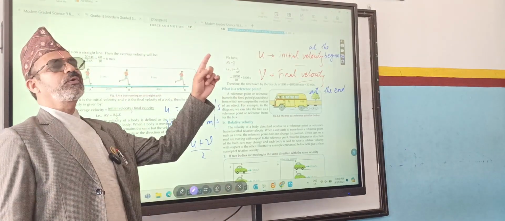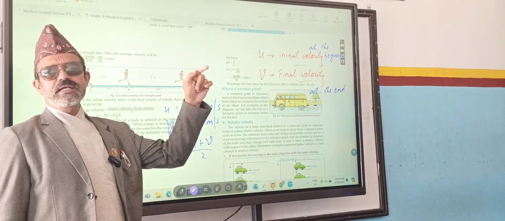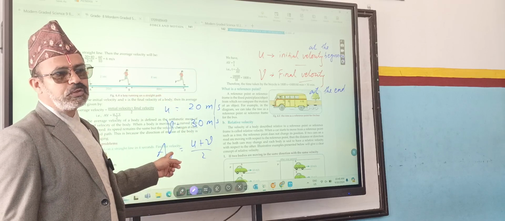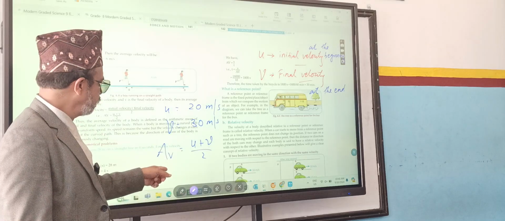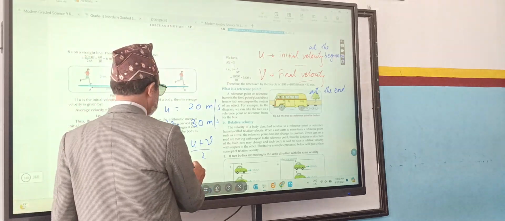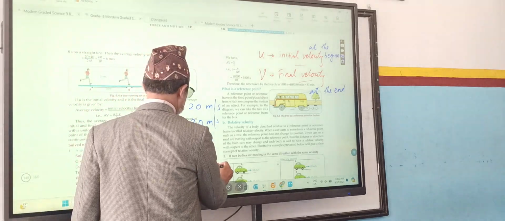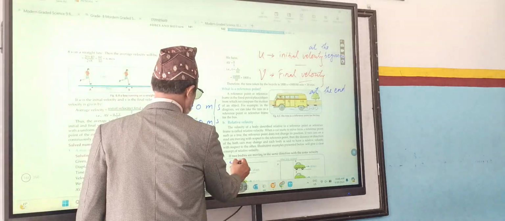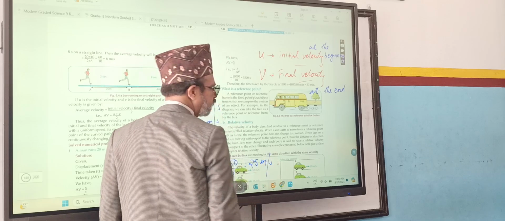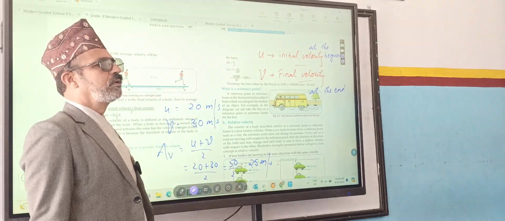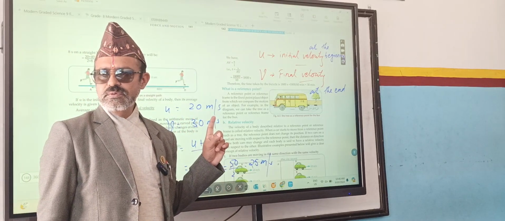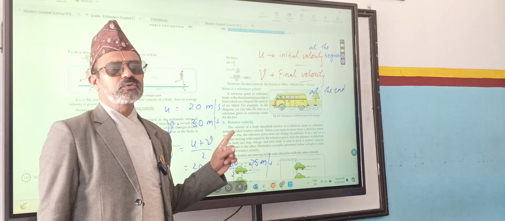Earlier we wrote average velocity equals S by T, displacement by time taken. Now we write U plus V by 2. What is U? What is V? Now what is the average velocity here? 20 plus 30 by 2 means 50 by 2 equals 25 meter per second. Keep your hand down. Numerical problems must be stated in mind. Understood? Okay? Pay attention towards it.